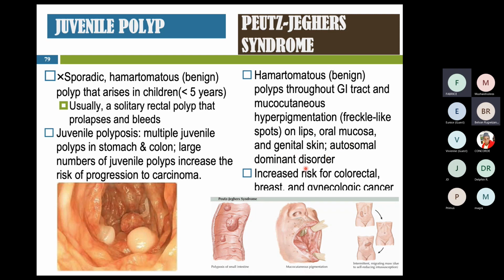This is an autosomal dominant disorder, also congenital, as you understand. These people have an increased risk to develop colorectal cancer, gynecological cancers and breast cancers.